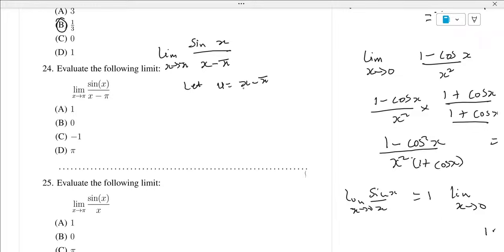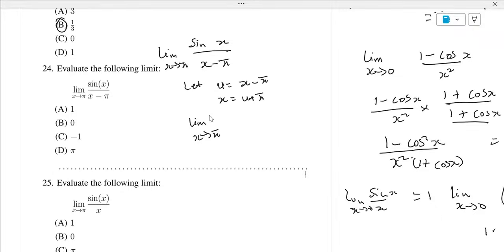But if you make x the subject here, we are going to have x equal to u plus pi, right? And then we substitute that here into this equation. So I'll have the limit as x approaches pi.